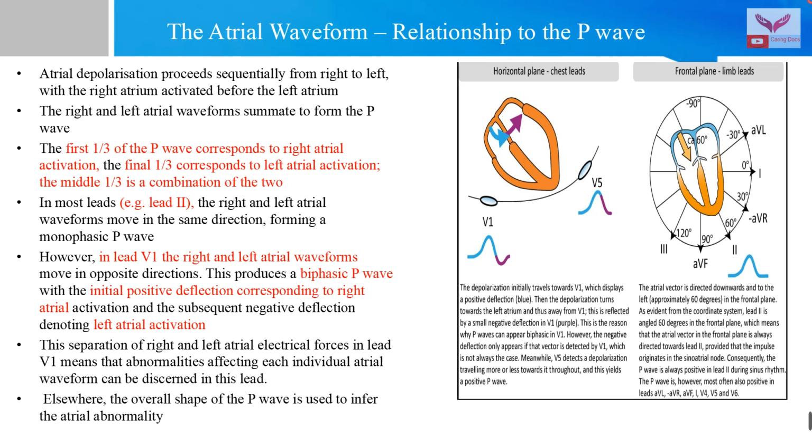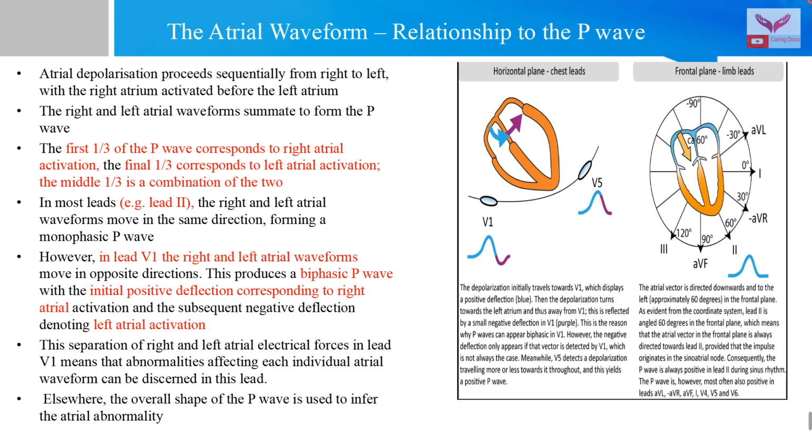The right and left atrium waveforms summate to form the P wave. The first one third of the P wave corresponds to the right atrial activation, and the final one third corresponds to left atrial activation, and the middle one third is the combination of the two.